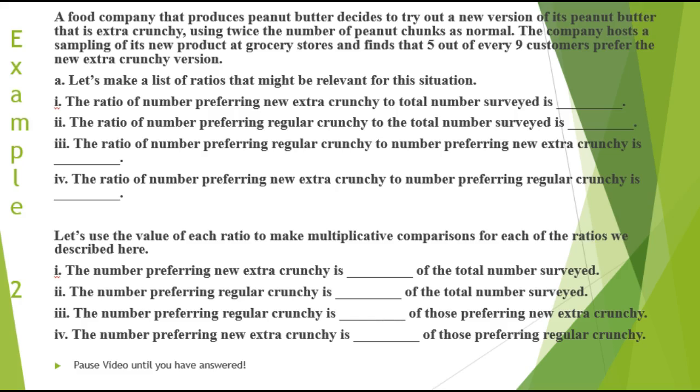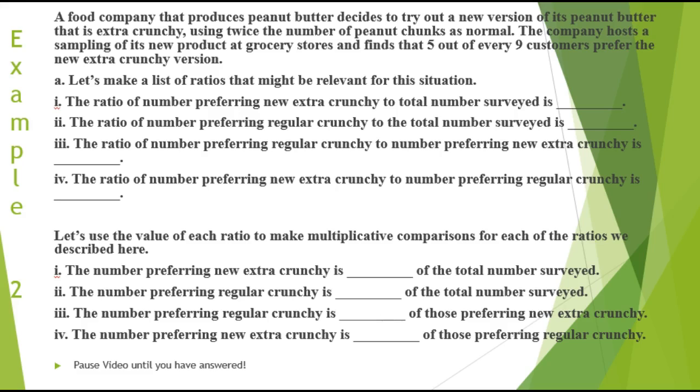Example 2. A food company that produces peanut butter decides to try a new version of its peanut butter that is extra crunchy, using twice the number of peanut chunks as normal. The company hosts a sampling of its new product at grocery stores and finds that 5 out of every 9 customers prefer the new extra crunchy version. A. Let's make a list of ratios that might be relevant for this situation. 1.